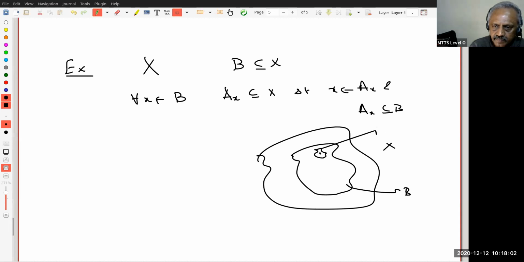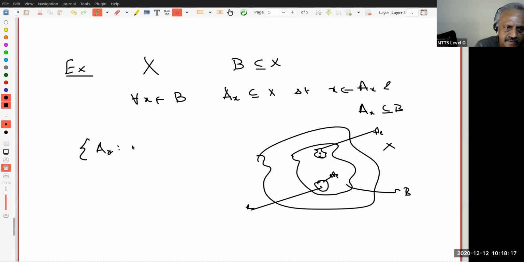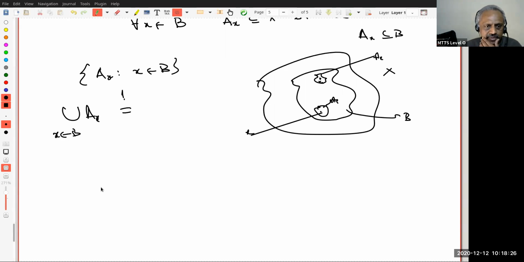This is my AX, and AX contains X. If you give me some other thing, this is my X, this is my AX, and that is contained in B. Now my question is, I have the indexed family AX, X in B. What is the union? This is what we used when we dealt with open sets. That's very clear. Notice that AX is always a subset of B, therefore the union is a subset of B.